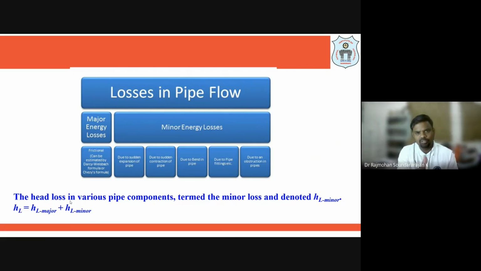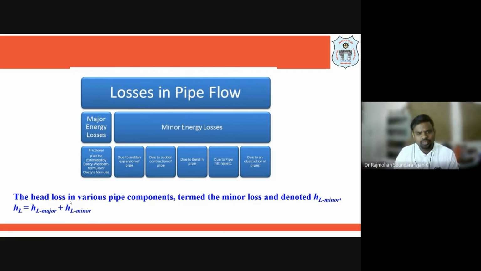The other is determination of minor losses, which is loss due to fittings or sudden expansion or sudden contraction. In this particular lab, we are going to determine the pressure drop or head loss due to friction, that means we are concentrating on major head loss. In the next experiment, we are going to focus on the minor energy losses.